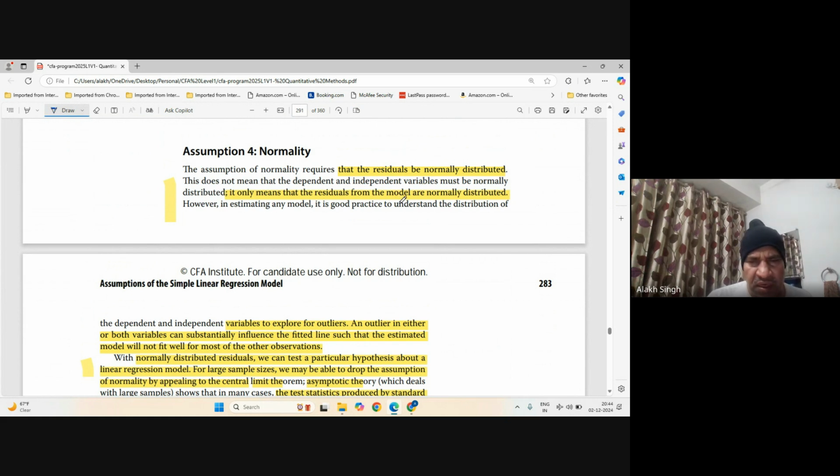It only means that residuals from the model are normally distributed, and we have the properties of normality: mean of the error term is 0 and constant variance. Only these two parameters, mean and standard deviation, determine a normal distribution. Or if you want to go even further, then no skewness and no heteroscedasticity.